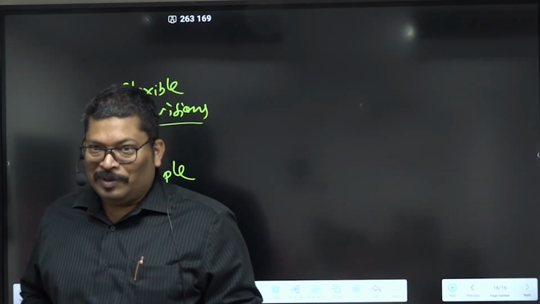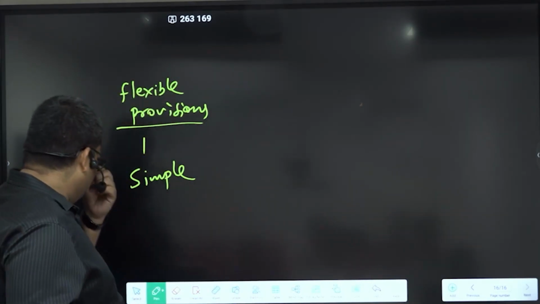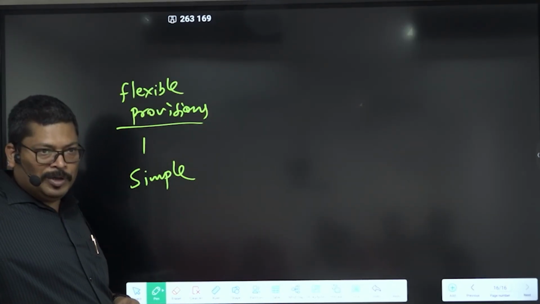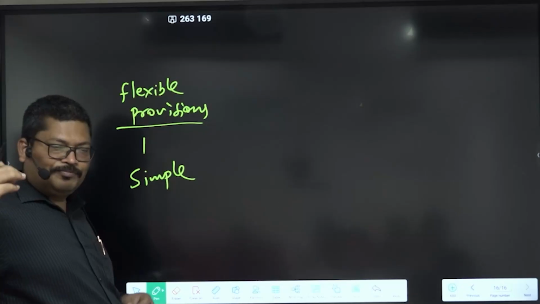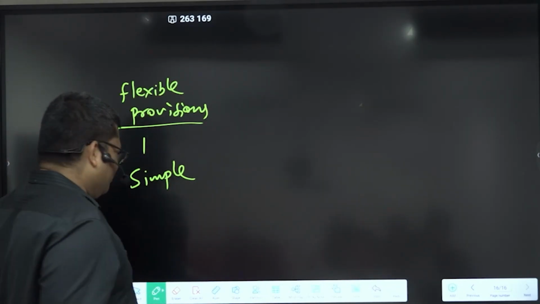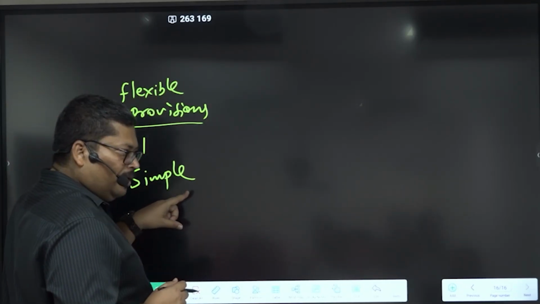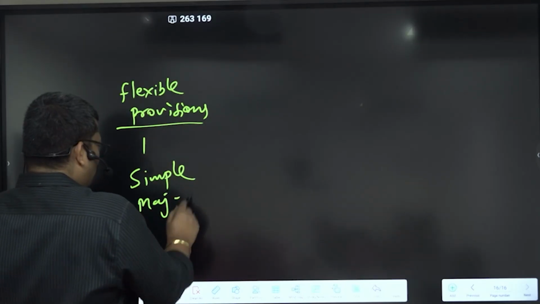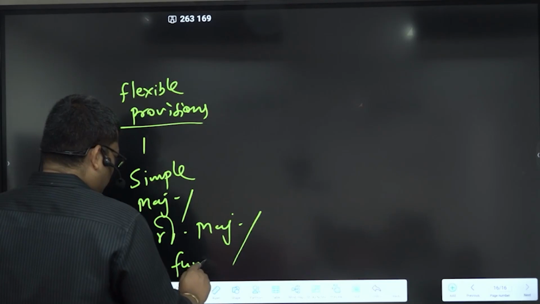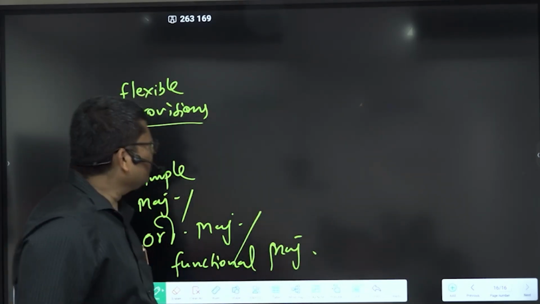This is the reason why simple majority is also called functional majority, right? Functional majority. See, for a particular legislative business, if no specific kind of majority is obvious, then you can apply simple majority and carry out the legislative function. So, to amend flexible provisions, you need to apply simple majority or ordinary majority, or exactly functional majority. Okay.